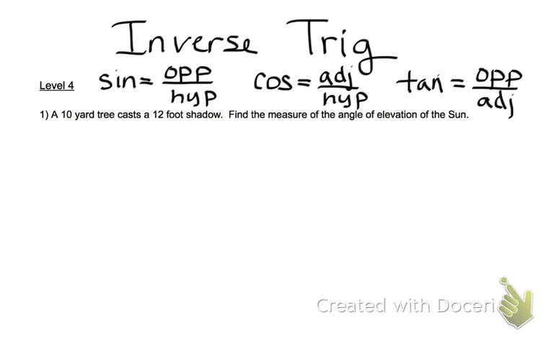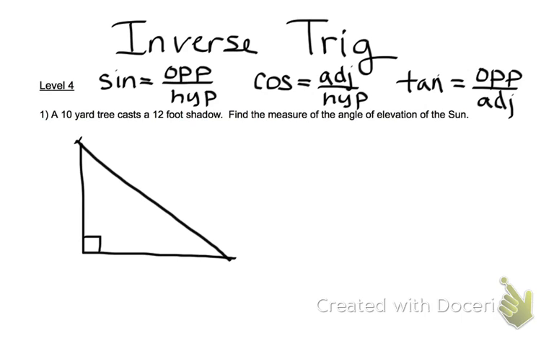So, first thing I'm going to do is draw my right triangle. Let's assume that our tree is over here. As I draw my tree, this is where our tree is at.